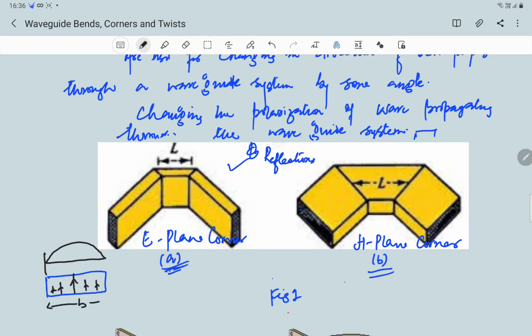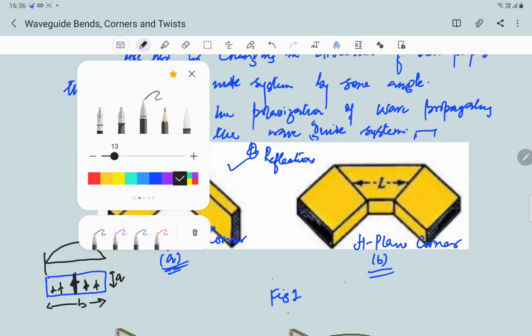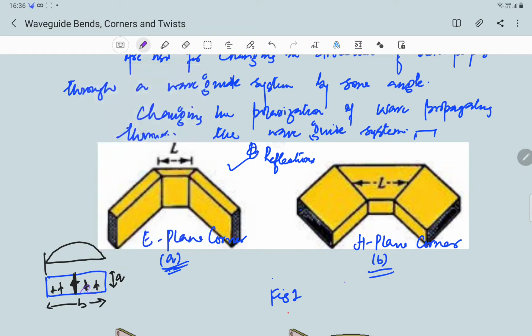This dimension corresponds to B, this dimension corresponds to A. The electric field is maximum at the center and then goes on decreasing towards the ends. So far as the magnetic field is concerned, it will be in this direction, perpendicular to the electric field.